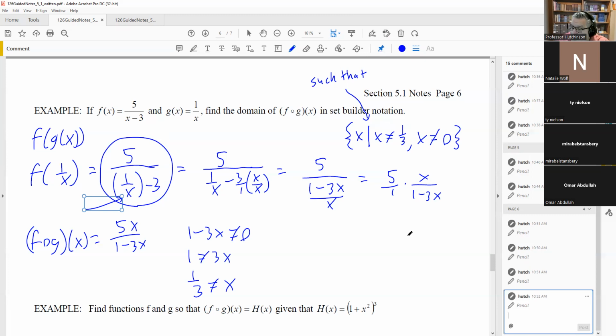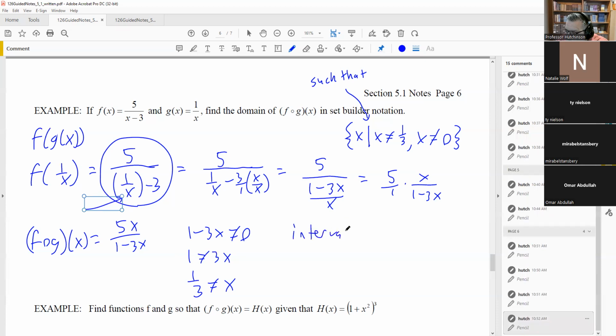Okay, so this is set builder, but let's do interval notation as well, because some questions ask for set builder and some ask for interval notation. Interval notation is basically going to include all the numbers except for 0 and 1/3.